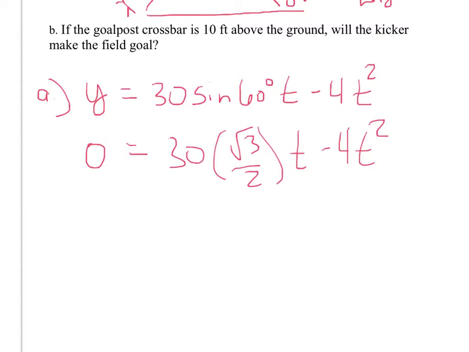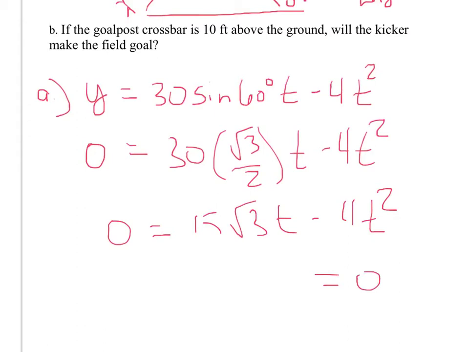I'm going to pull out my calculator and solve. But basically what I have here is 0 is equal to 15 root 3 times t minus 4t squared. I can factor out a t, so I'm going to flip-flop this and put 0 on the other side. I can pull out a t, and I have t times (15 root 3 minus 4t) equal to 0.